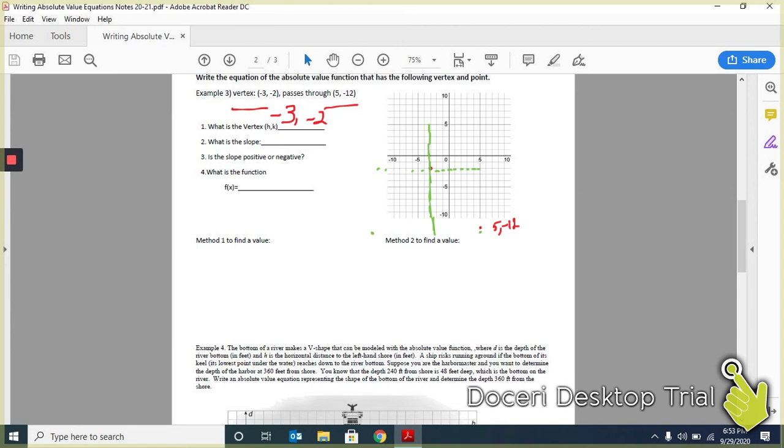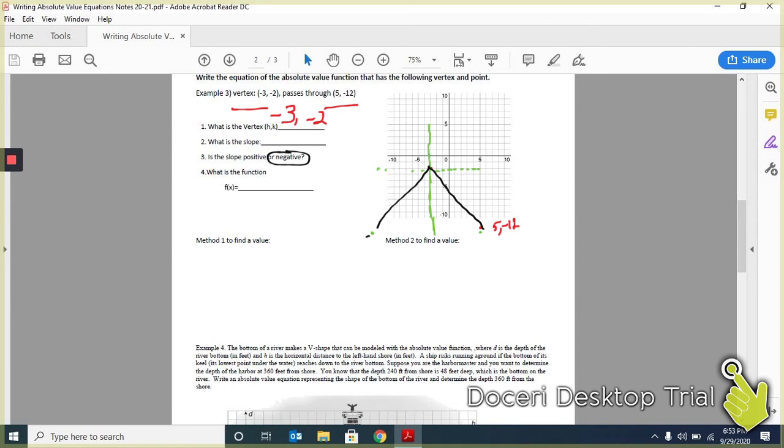I don't know exactly where, but what this tells me is that my graph is going to do this. It's not a perfect graph, but I know the graph is going to do that because of that. So my axis of symmetry tells me that I have a point on either side of it, which makes it symmetrical. What that also tells me is that my A value has to be negative. So right off the bat, I know my slope that I'm going to use has to be negative because of that.